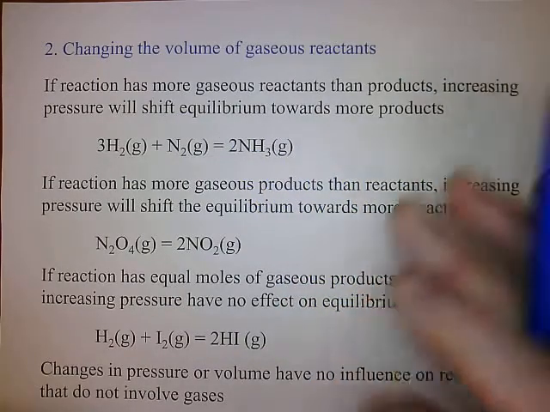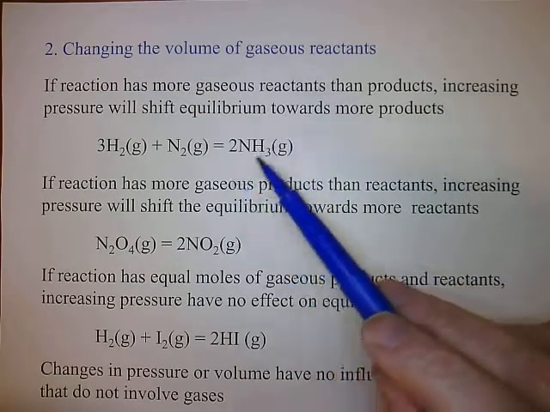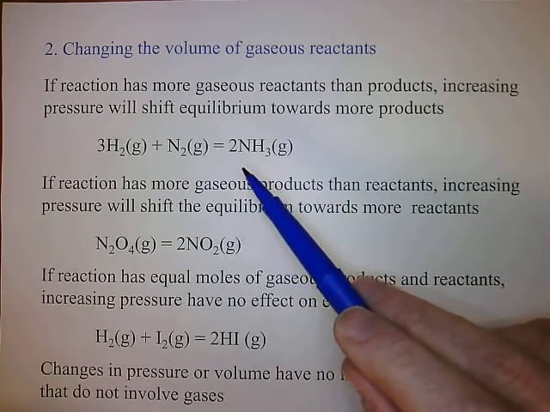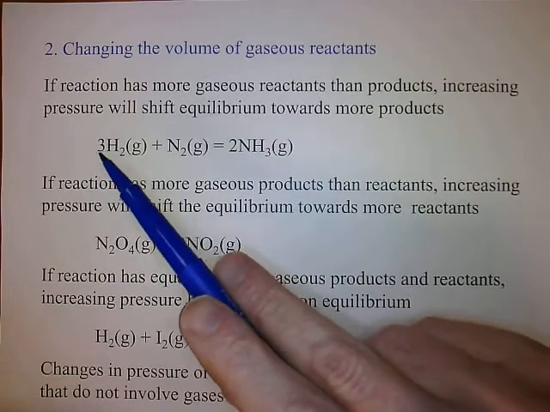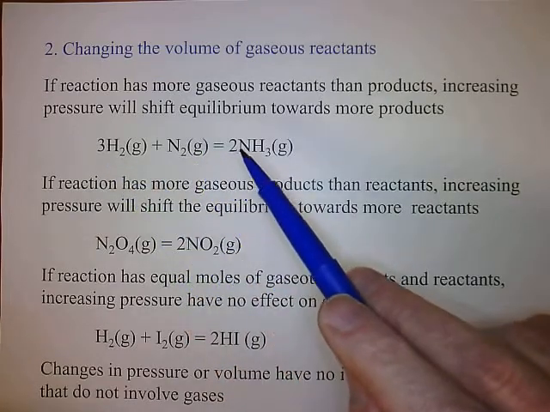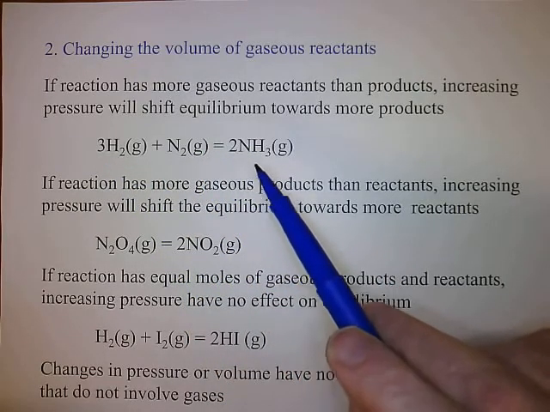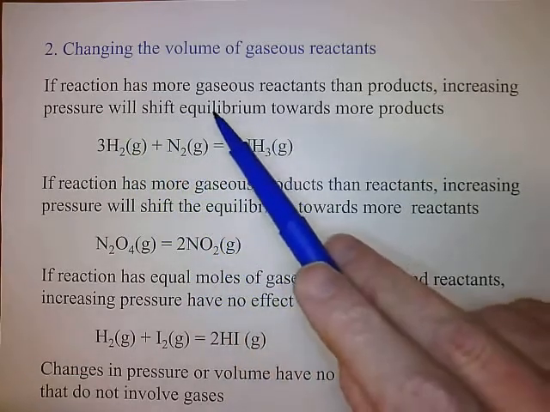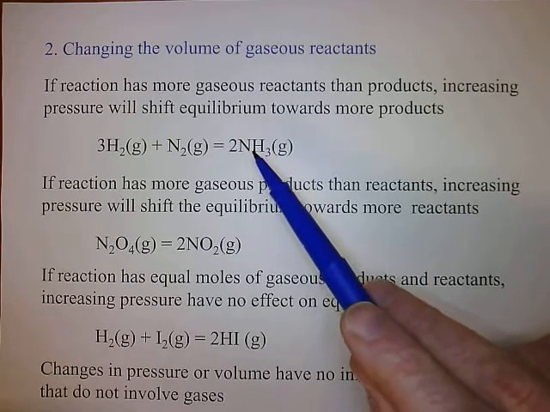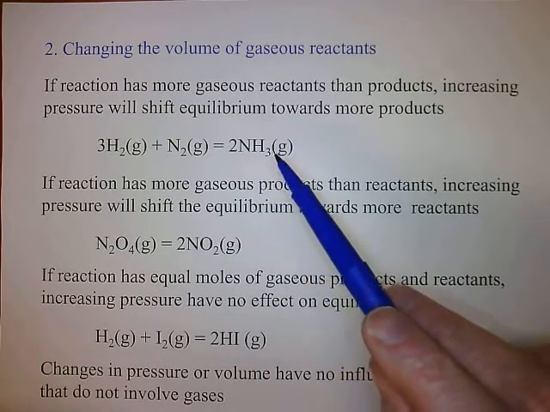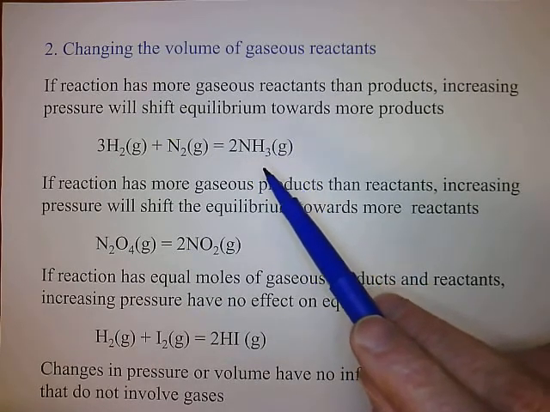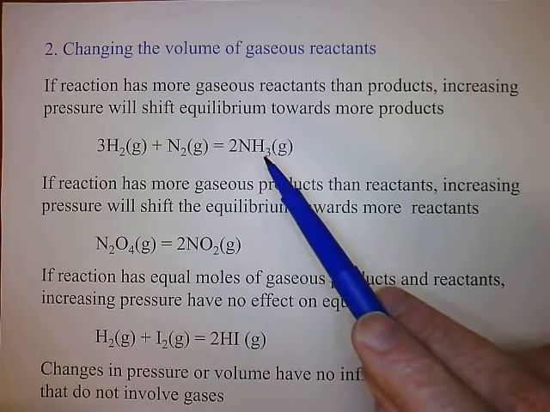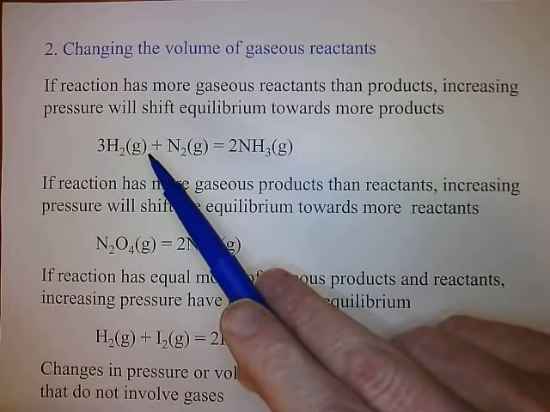The classic example of this is the Haber process for the production of ammonia. In other words, 3 hydrogens plus nitrogen makes ammonia. Now look at this reaction carefully. You have 2 moles of gas on the right side, and 4 moles of gas on the left side.